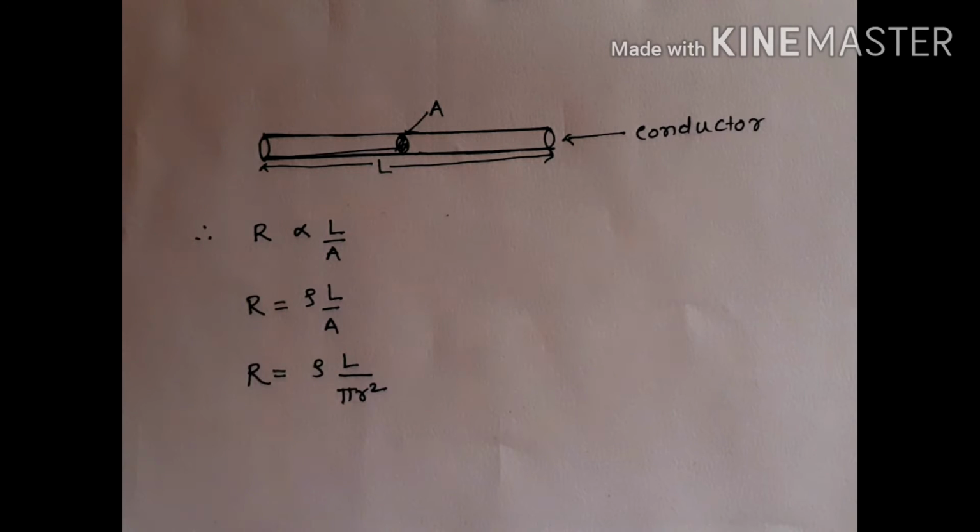Capital A is the area of cross section, and the formula for area of cross section is pi into r square, small r being the radius. This is the relation between the resistance of the conductor and specific resistance of the conductor. Specific resistance totally depends upon the material of the wire.